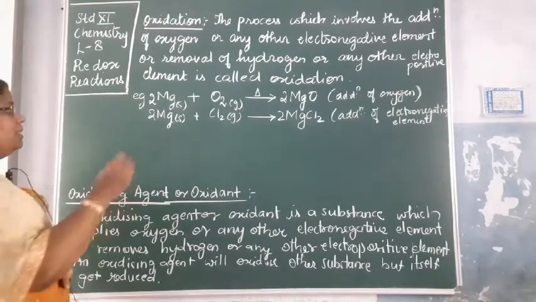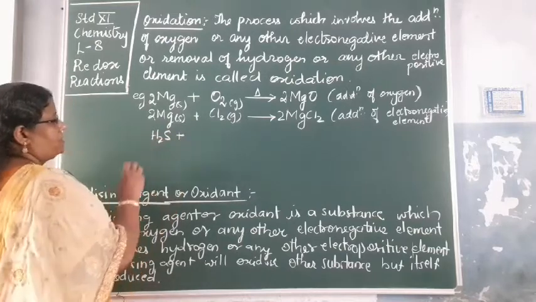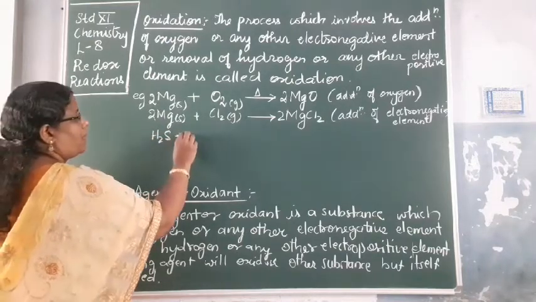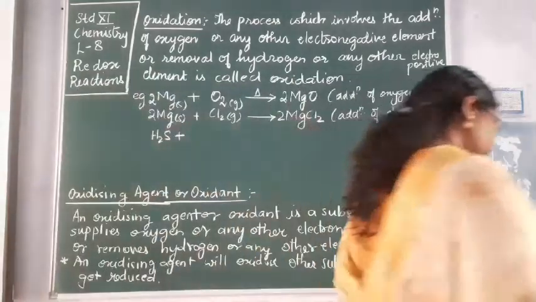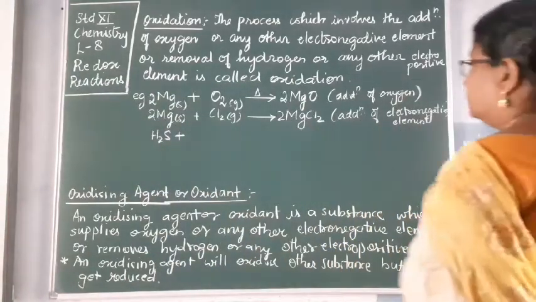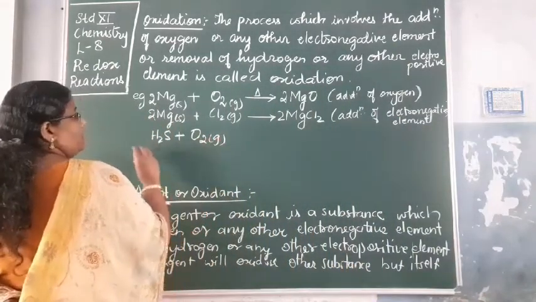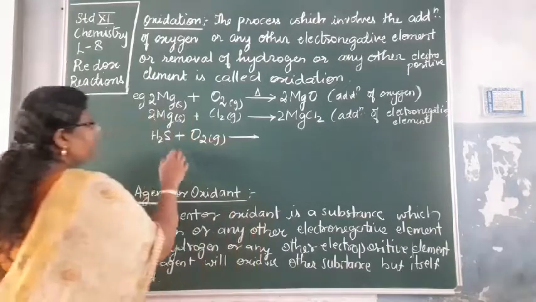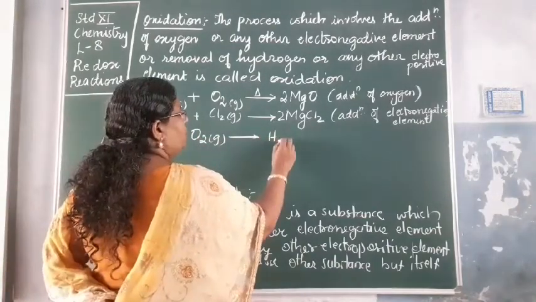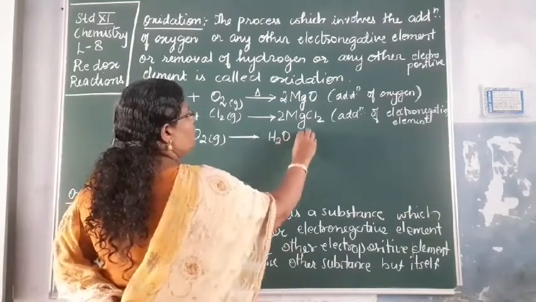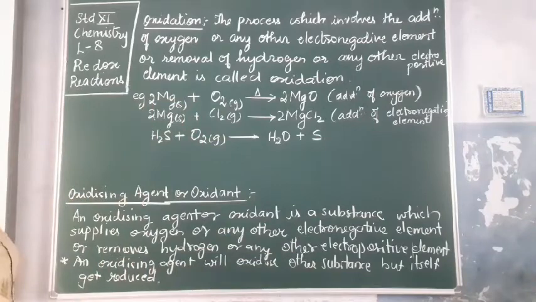Okay. Then the other part of the reaction, removal of hydrogen from a compound is also known as oxidation reaction. जैसे H2S plus O2. When you are treating H2S gas with O2, what do you obtain? You obtain H2O plus S. Now what have you done?